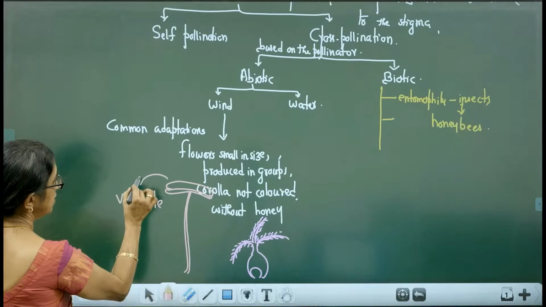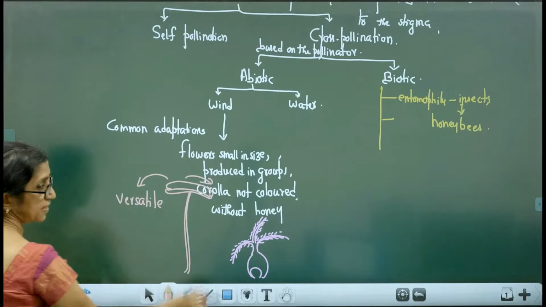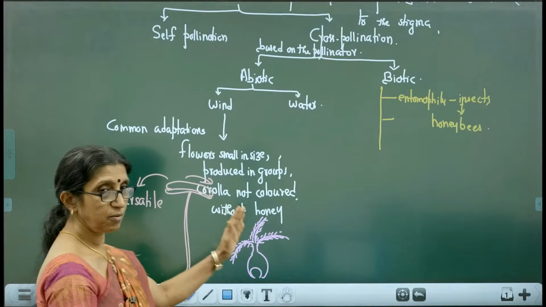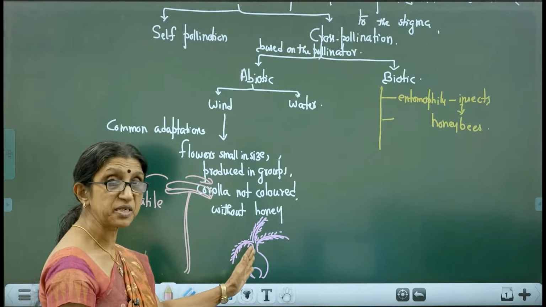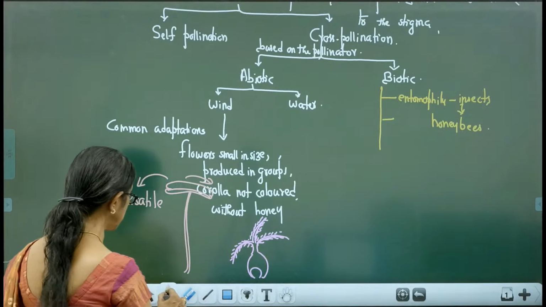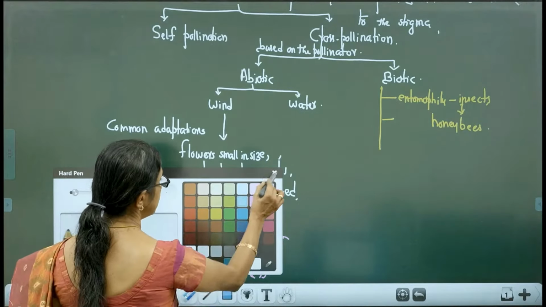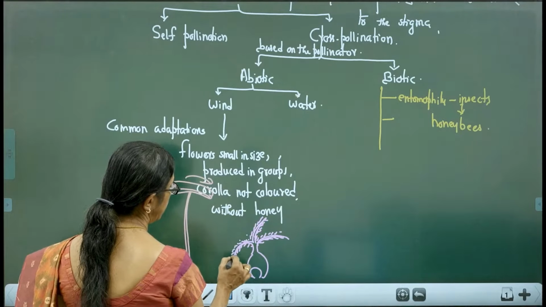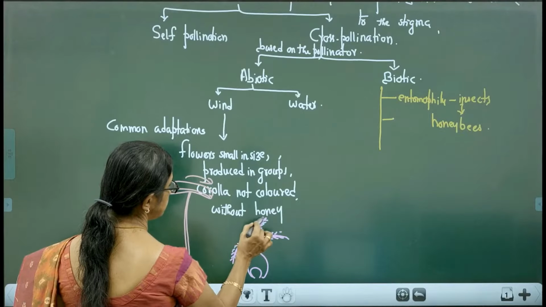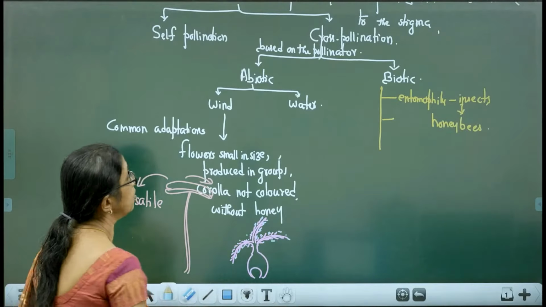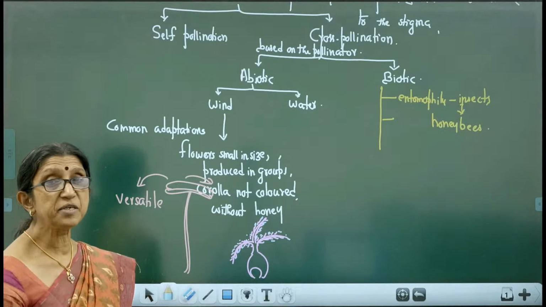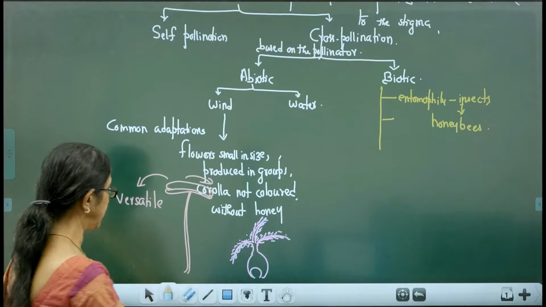They can move freely in air currents. This adaptation of the pistil enables the pollen grains to be trapped in the hairy stigma. So these are certain common adaptations seen in wind pollinated plants.